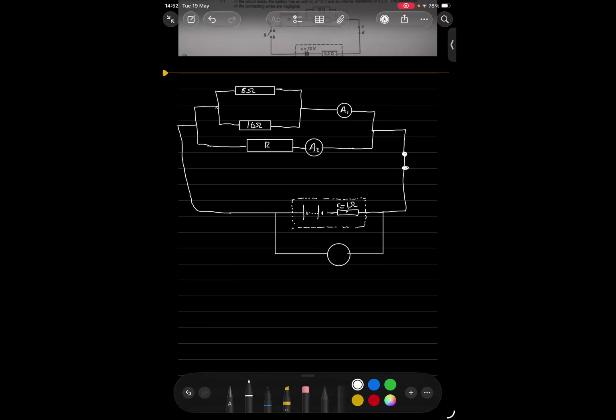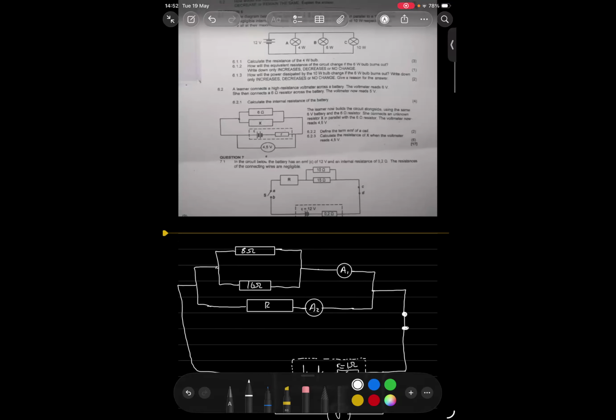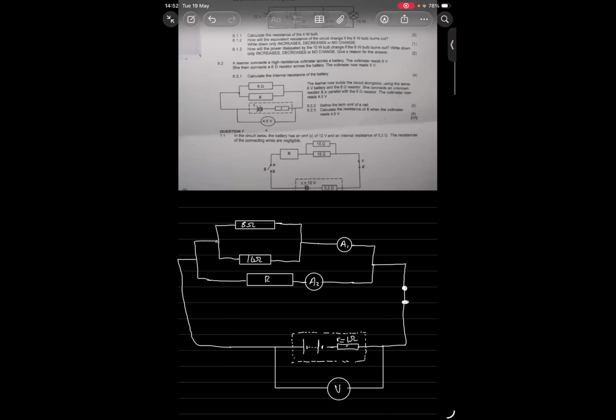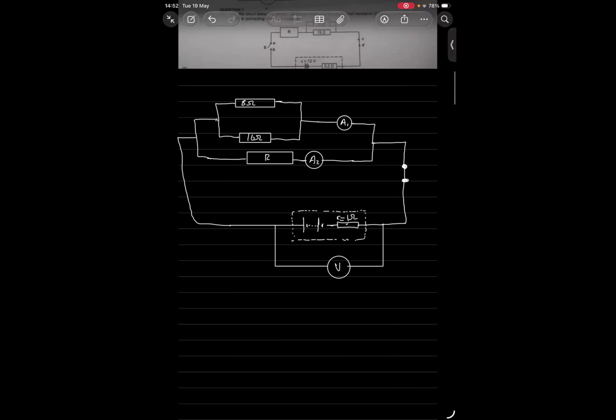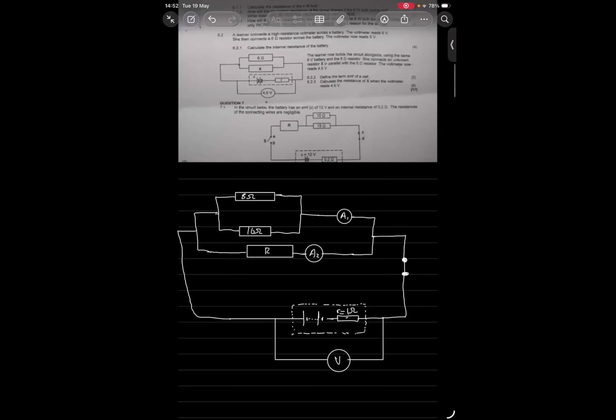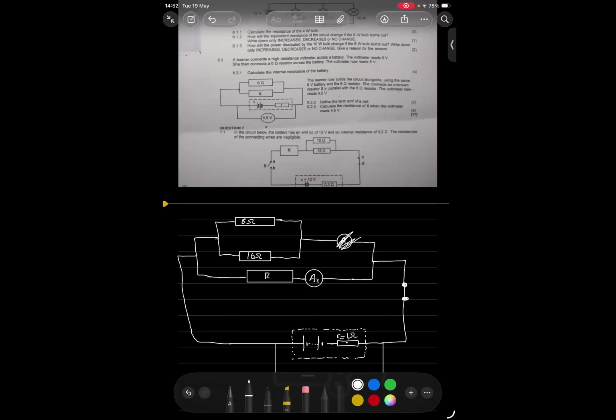Sorry about that. So this is V. Across, guys, I need you to understand the connection. And I even forgot the resistor here.